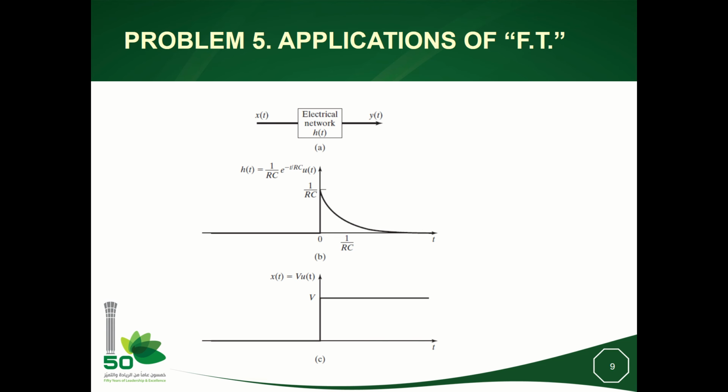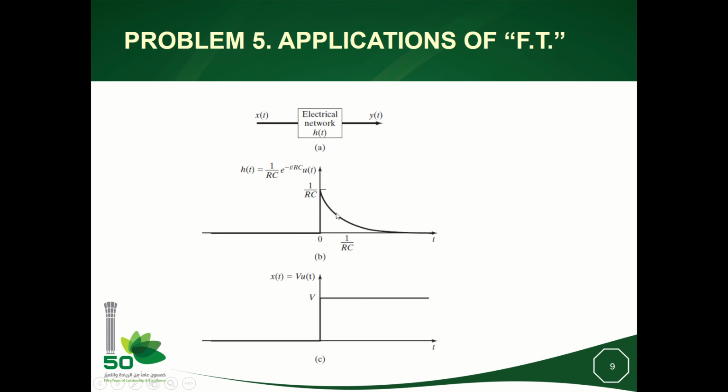In this problem, we will illustrate an example: the calculation of the output using the Fourier transform of the input and the impulse response of the system. Here we have an electrical network with an input x(t) and output y(t), and we are given the expressions or the plots of x(t) and h(t).